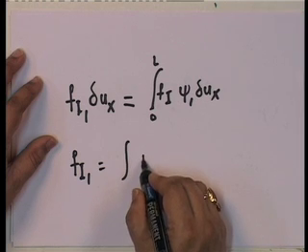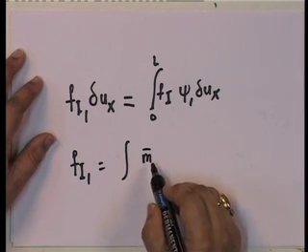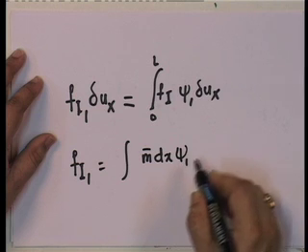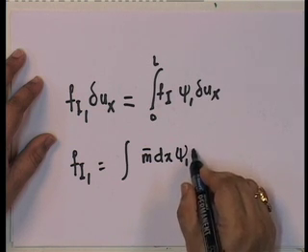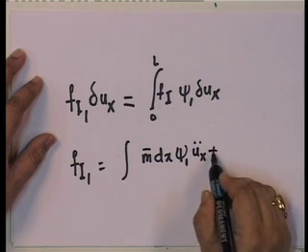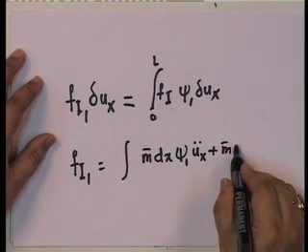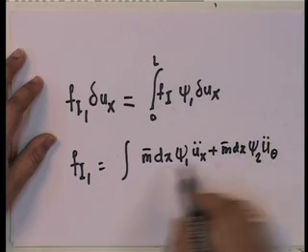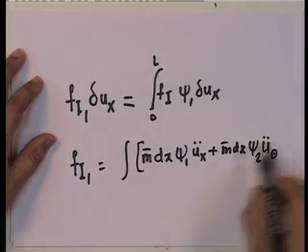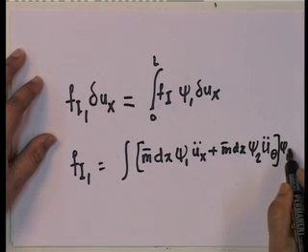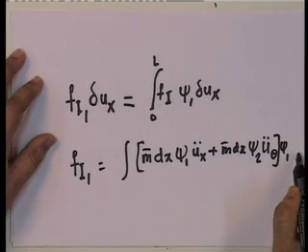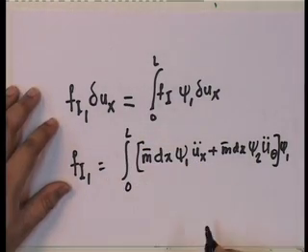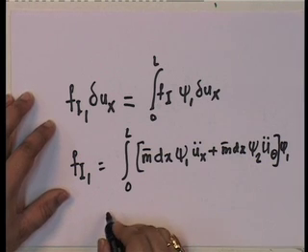It was equal to m bar xi 1 u double dot x plus m bar xi 2 u theta double dot, all into xi 1, because delta u x has cancelled, and this entire thing is to be integrated from 0 to L. So, if I put this together, what does this become?